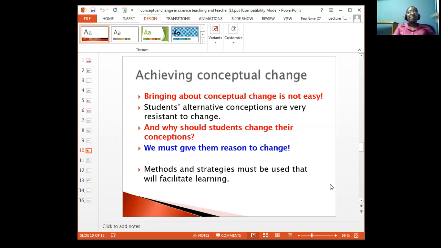If we plan well, there is so much that we can accomplish from our lesson, right? So we have a whole toolbox of different methods and strategies using the history of science that we can use to help students to achieve conceptual change.